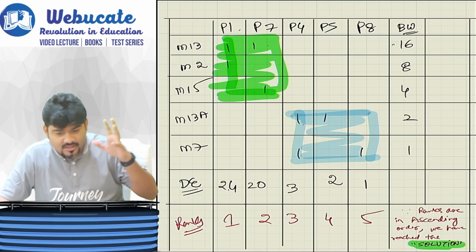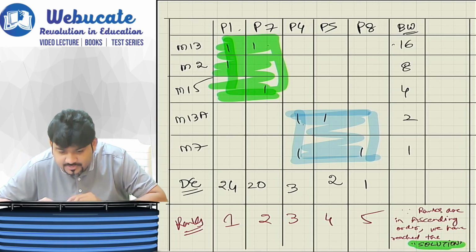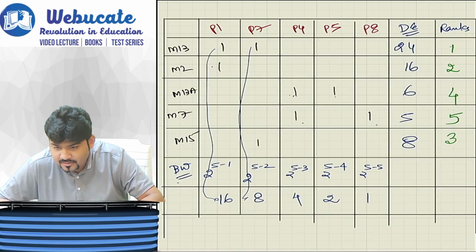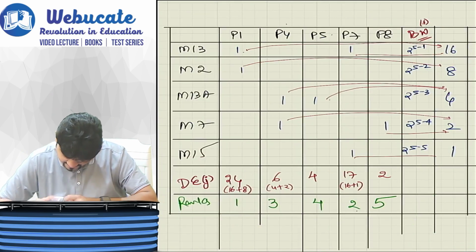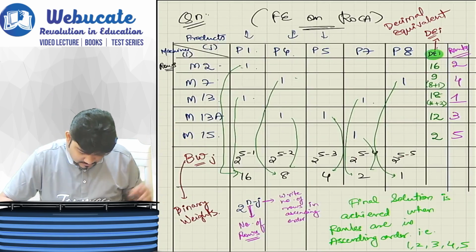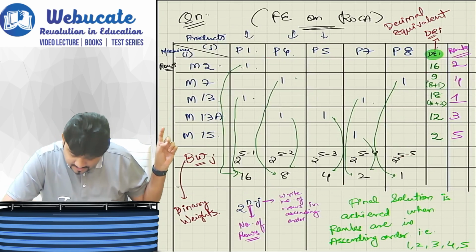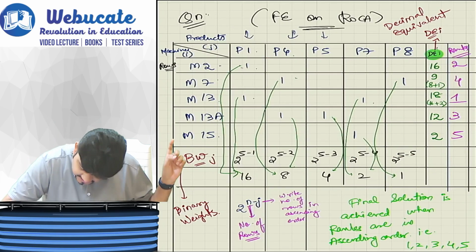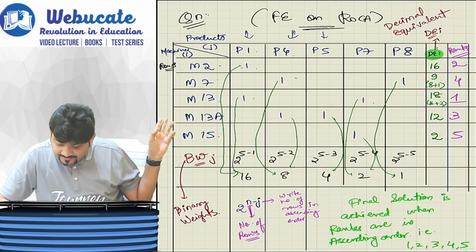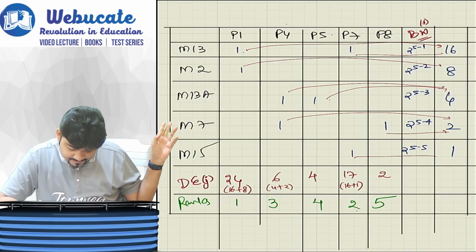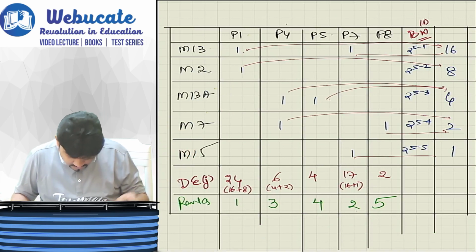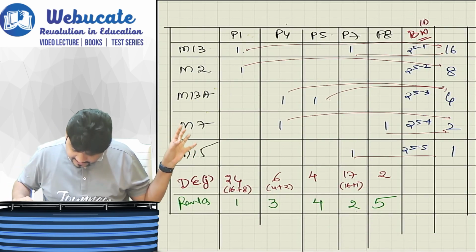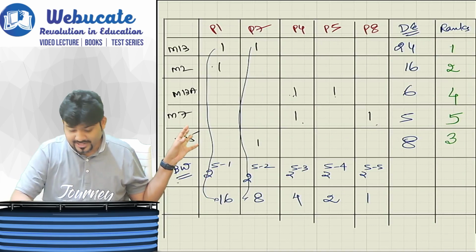Lakshmi has a question, sir. Why did we not change products like we did in the third step? No, we change it, no? See, try and understand. Lakshmi, here the ranks were in M, so we changed M. Then the ranks were in P1, P4, P5, so we changed the products.